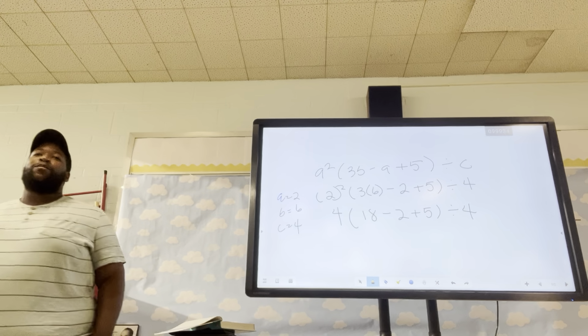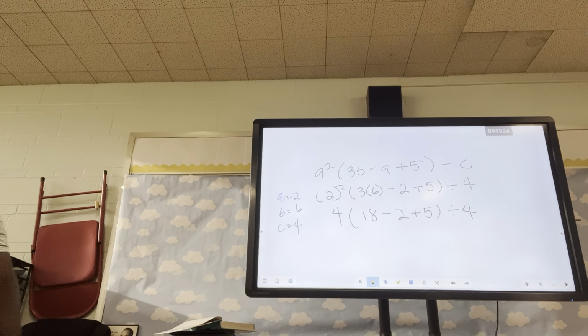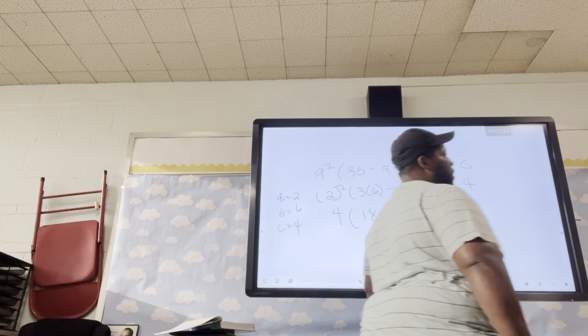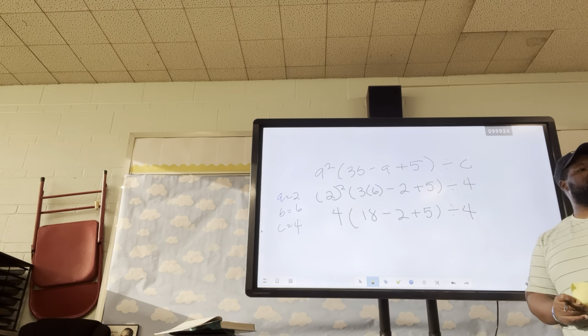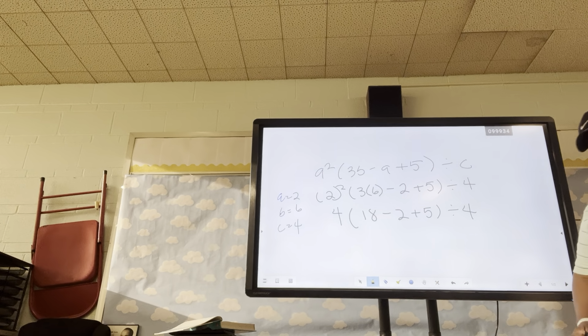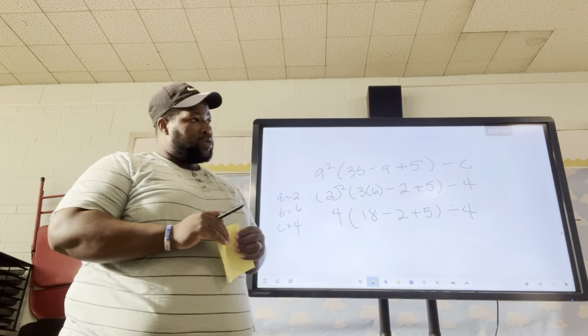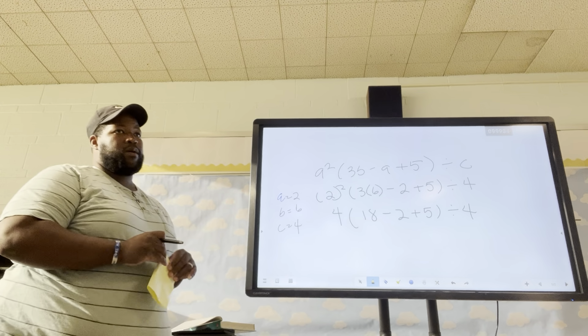Now, does anybody see anything here that might save us 2 or 3 steps? What might save us a step or 2? First, doing stuff in parentheses, then we divide, multiply by 4.